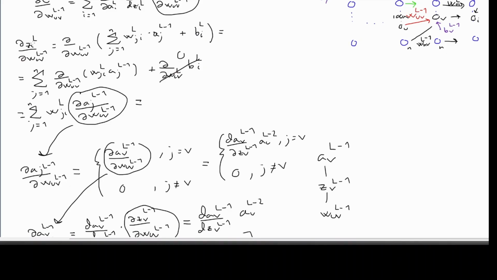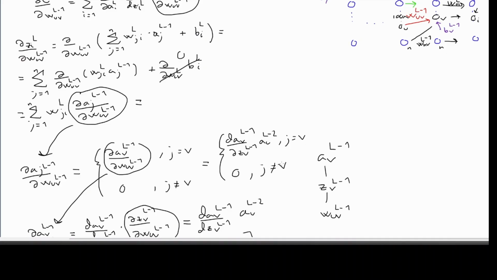And then we backtrack further and we get that the partial derivative of the weighted input at neuron I at the output layer with respect to our weight was equal to this summation, and we see here that when j is equal to v, we get a non-zero term out of the summation. When j is not equal to v, this just becomes 0 as we're substituting this derivative, which we found here, into our summation.